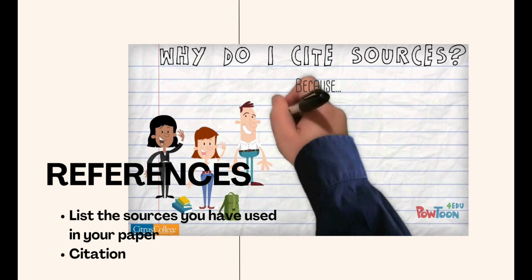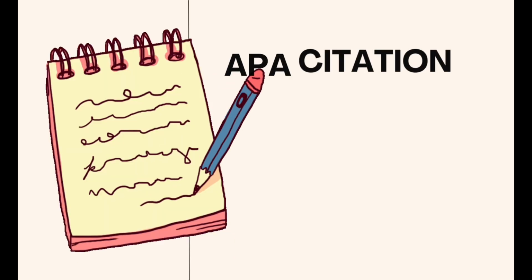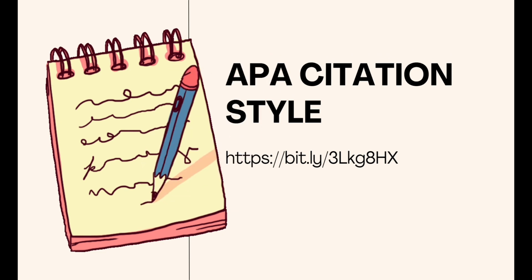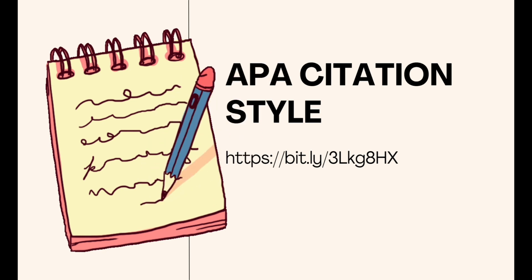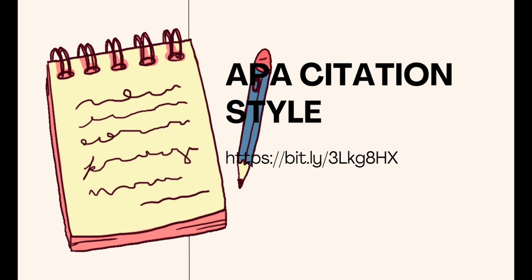You just put the surname and the date of the source, and after that you put the other details in the reference part. First, remember to list the sources you have used, and of course the citation. In most colleges they use the APA citation style, the American Psychological Association citation style.